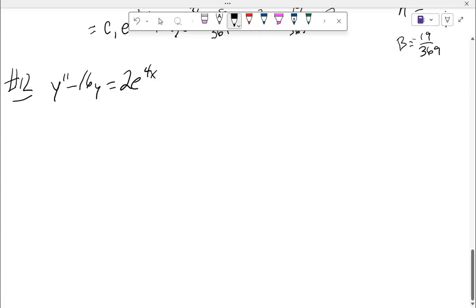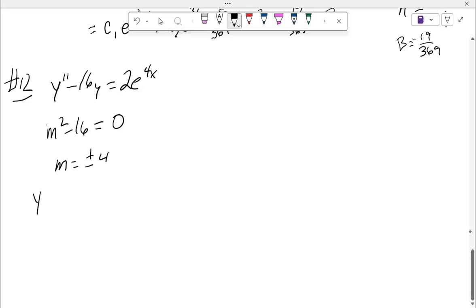Yep, characteristic equation, which is what in this case? Good. r squared minus 16 equals 0. You can probably recognize what the solutions to that have to be. Yeah, 4 and negative 4.